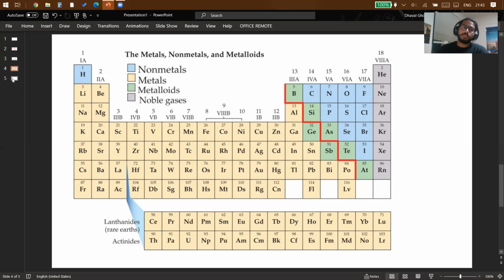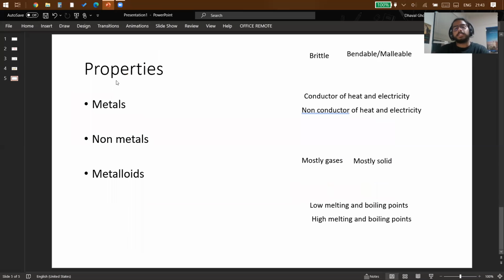Moving on, I want to talk about properties of metals and non-metals. On the left side are the three headers, and on the right side I've made pairs of properties, like brittle and bendable or malleable, opposite things in a category: conductor, non-conductor of heat and electricity.